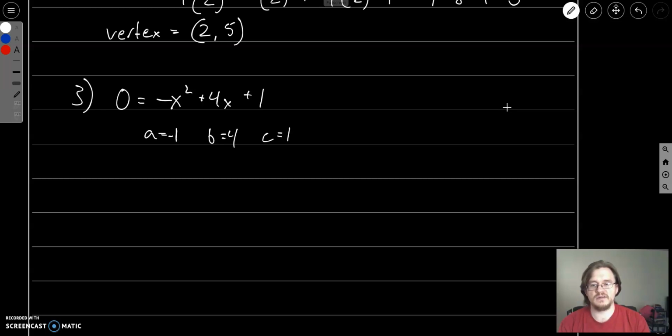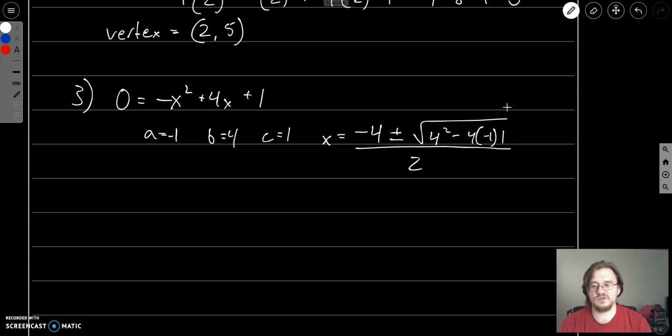So x will be negative b plus or minus the square root of b squared minus 4 times a, which is going to be negative 1, times c, all over 2 times a, which will be negative 1.